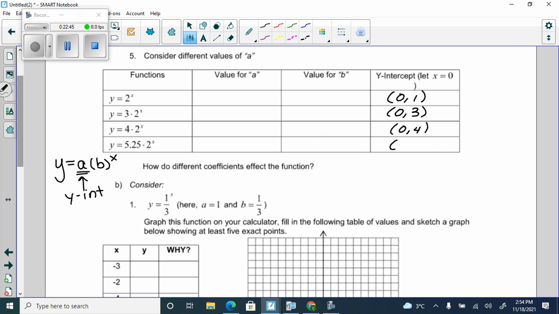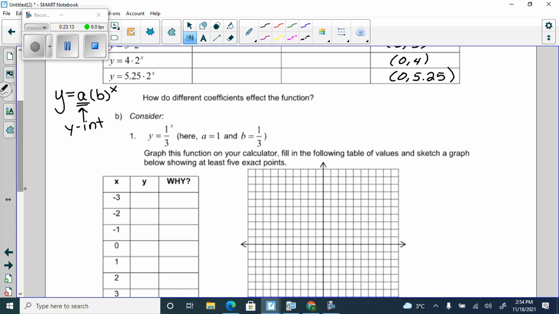And this is 0 and 5.25. You guys, it has to be in y equals ab to the x. If we have any horizontal translations, it's shoving it off of there, right? So don't go giving me all these crazy translations and saying it must be the a value. That's not true. It's only in the specific case when it's ab to the x. Your a is your initial value or your y-intercept.